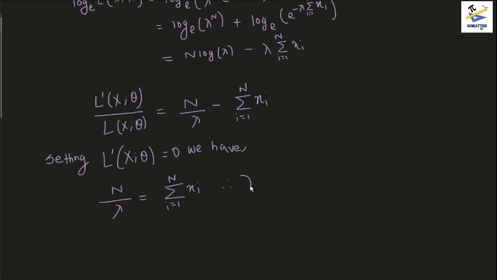Therefore, the maximum likelihood estimator says that the value of lambda for which the probability will be maximized is 1 upon the sample mean, which is the answer.